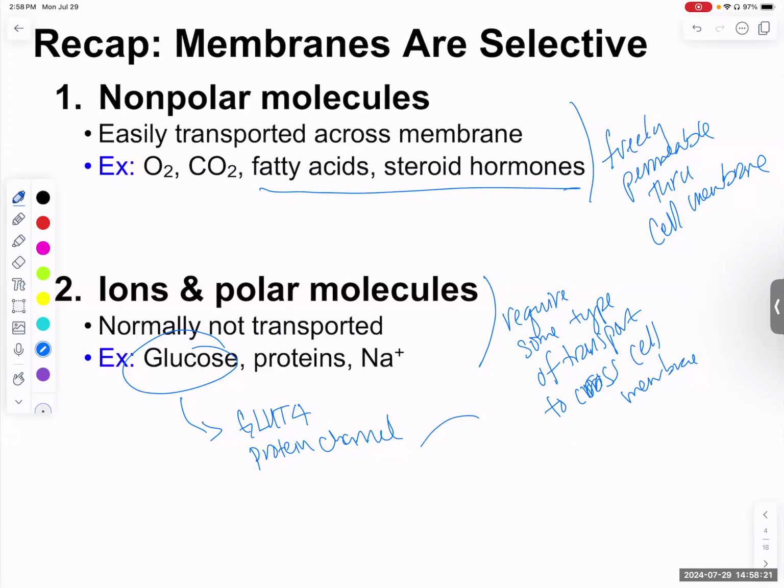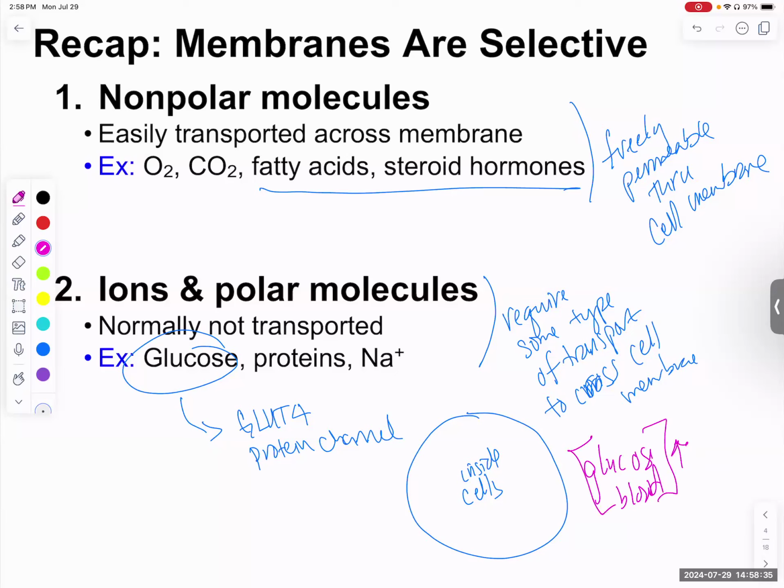And so you can have a cell, and this is inside, and all of a sudden a bunch of glucose shows up in the blood and it goes way up, right? So the concentration goes way up. Insulin gets released, and insulin's going to bind to a receptor on the cell membrane.